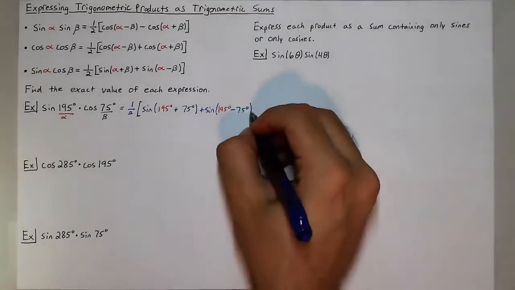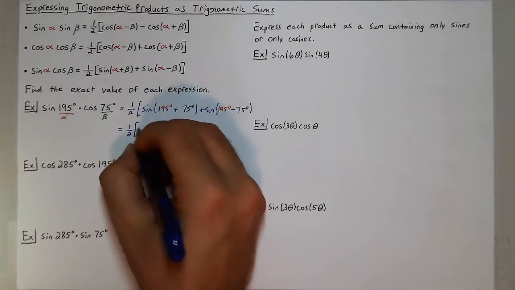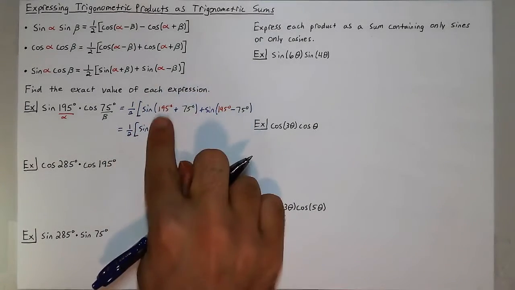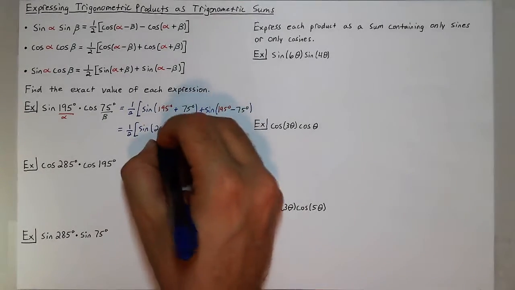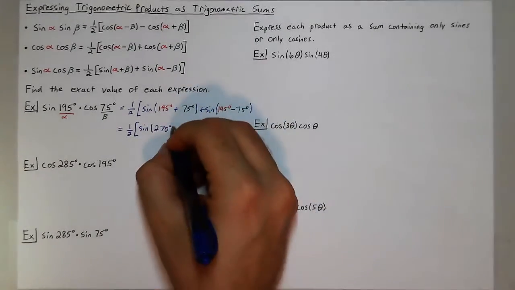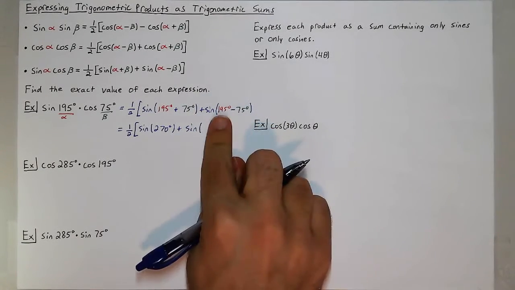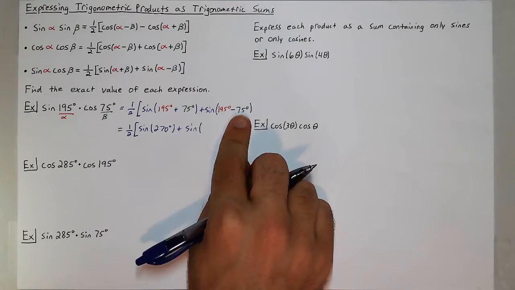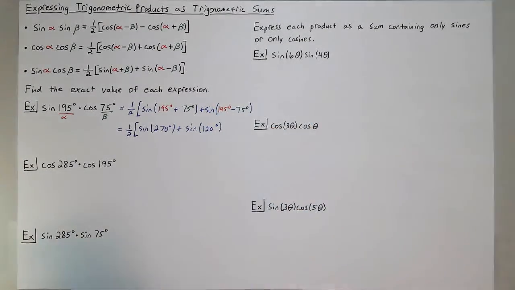So using this formula, I can get 1/2 of sine of 195 plus 75, which is 270 degrees, plus the sine of 195 minus 75 degrees, which is 120 degrees.